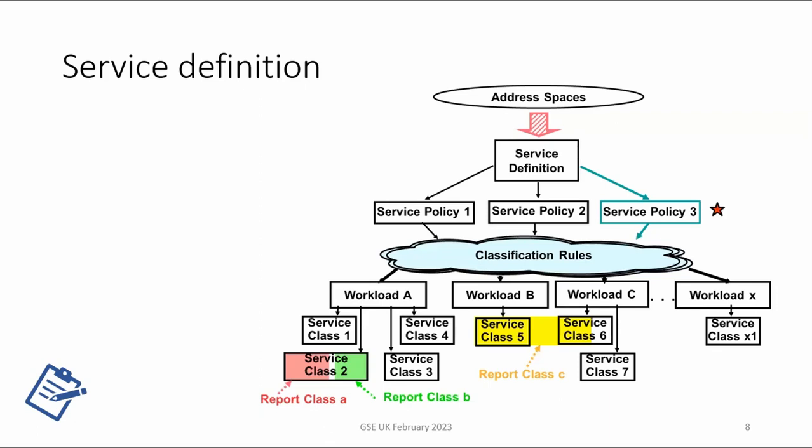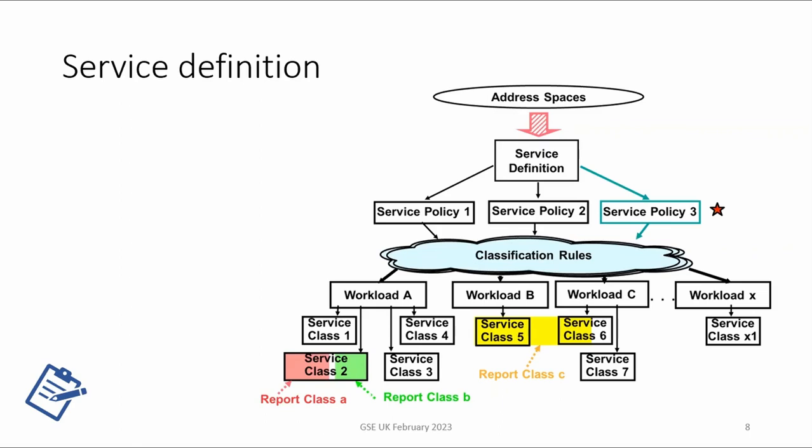So you can see my report class A covers some of the work in service class 2, and report class B covers other work in service class 2. And there's a little bit of work that isn't covered by report class A or report class B, and that stuff only shows up in service class 2. And then service class C crosses over.